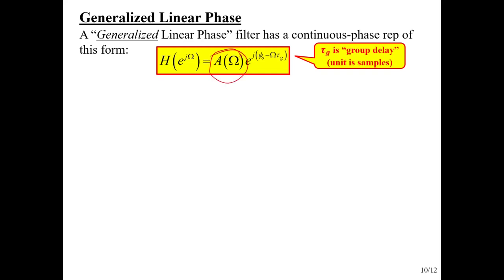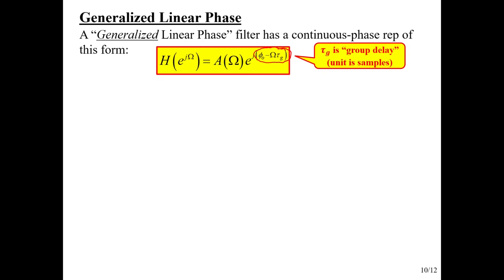Here's our amplitude of our continuous phase representation form. So our focus isn't really there. Let's focus here. There's the phase. That's the continuous phase representation. And so I'm saying a generalized linear phase filter has this form. It's different from our linear phase without the generalized out in front.